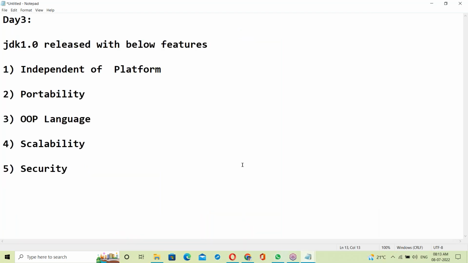Today's topic is Java features. JDK 1.0 was released with the below features.